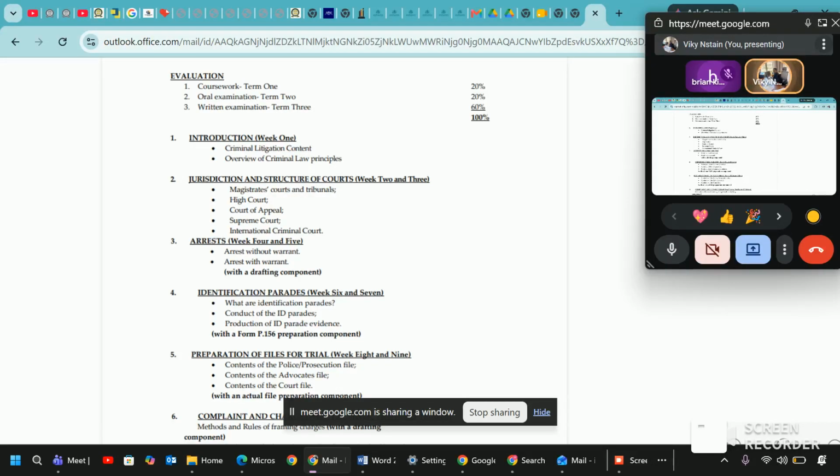So it is coming up to chapter 46 of the standing orders.